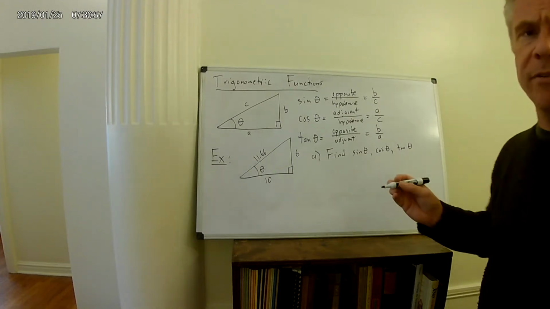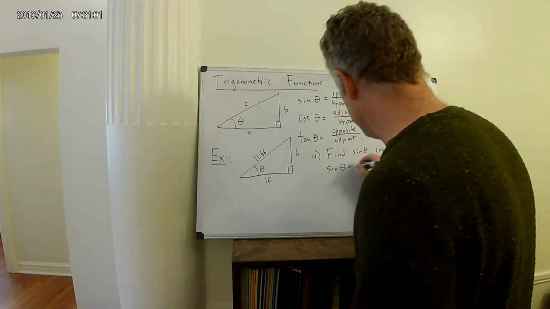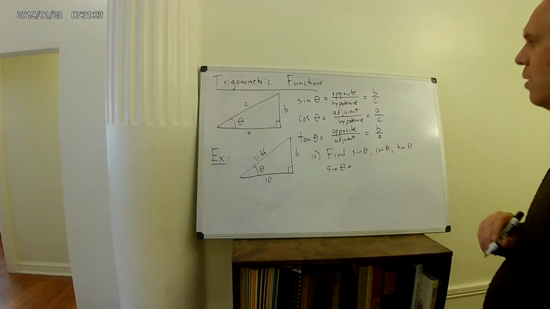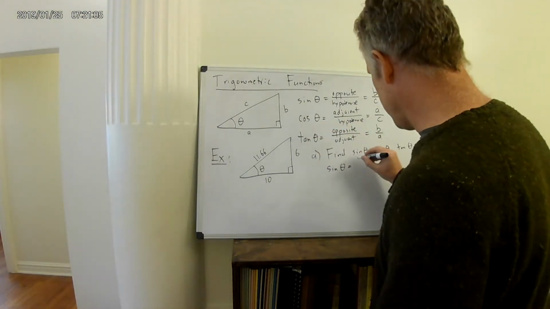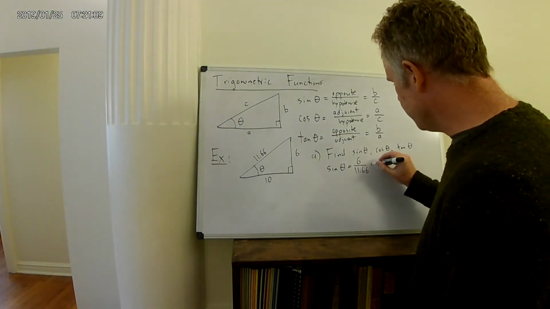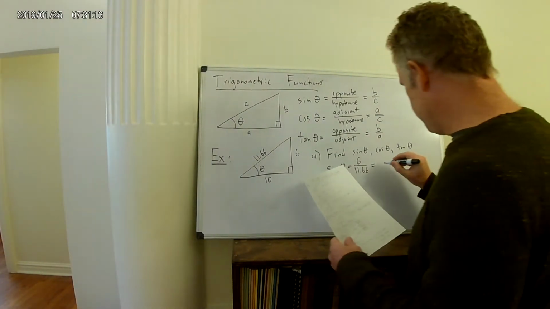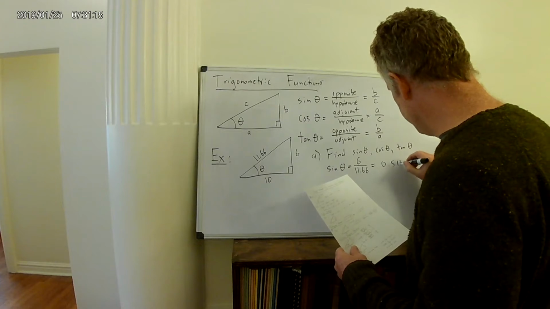I'm going to use these definitions here. So the sine of theta will equal the opposite over the hypotenuse, which is 6, the length of the opposite side, over 11.66, the length of the hypotenuse. If you plug this in your calculator, this comes out to 0.515.